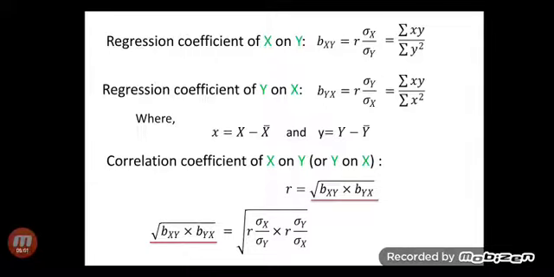Here the numerator sigma x is cancelled by the denominator sigma x. Similarly, the numerator sigma y is cancelled by the denominator sigma y. Thus this is equal to the square root of r square, which is equal to r. That is, the correlation coefficient is the geometric mean of the regression coefficients.